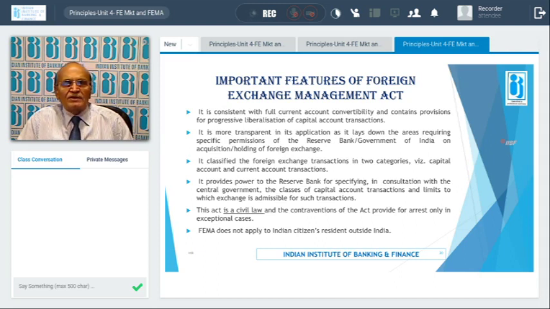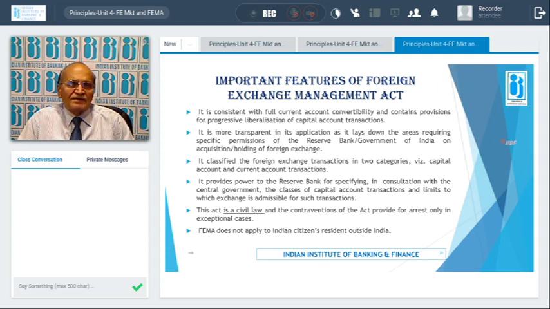Next point, it provides power to RBI for specifying, in consultation with the central government, the classes of capital account transactions and limits to which exchange is admissible for such transactions. As I said, FERA was a criminal law, whereas FEMA is a civil law, and contraventions of this act provide for arrest only in exceptional cases.